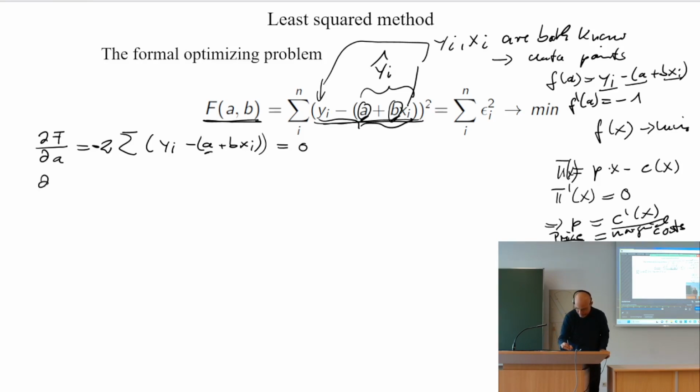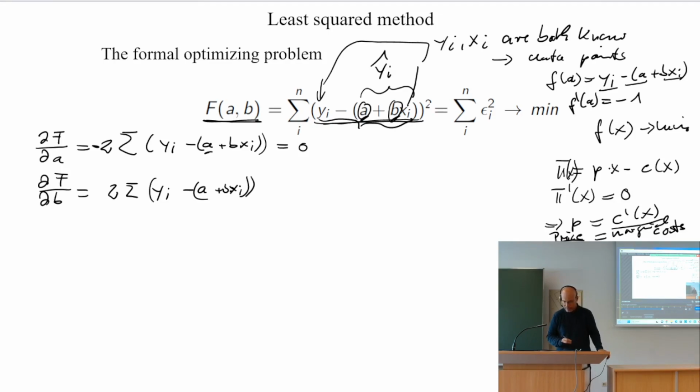Well, then the derivative with respect to b, again we have the same. The outer derivative is a 2 times yi minus (a plus bxi). And now we have the function f of b equals yi minus (a plus bxi). What is now f prime?